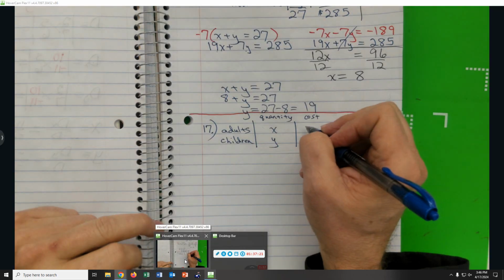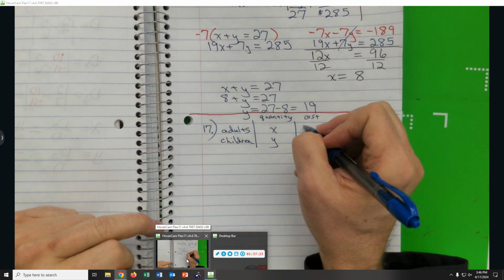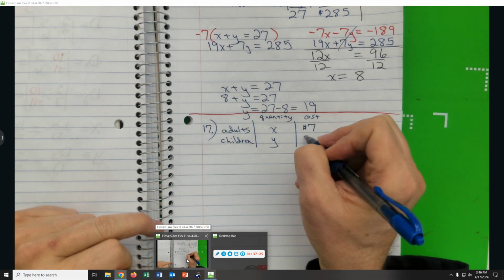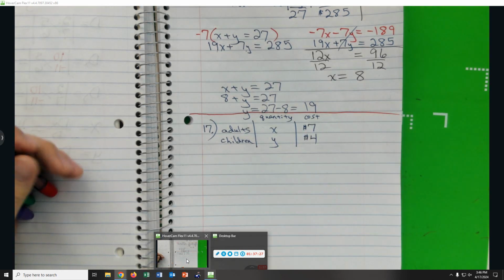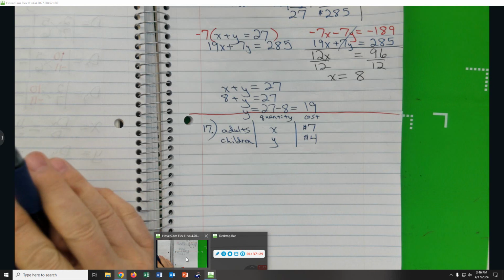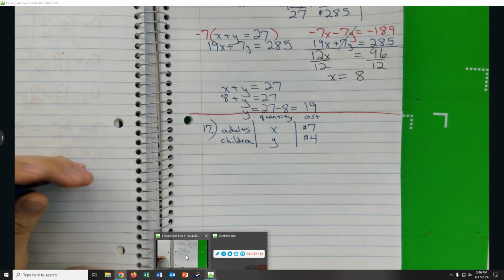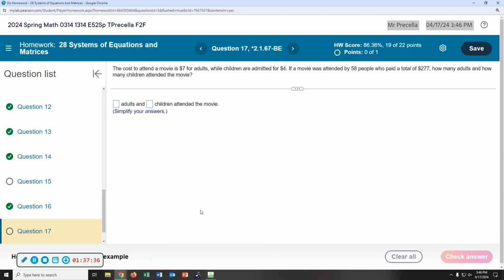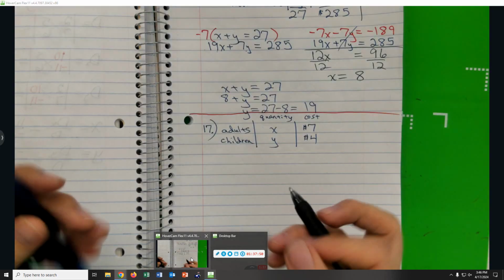So I'm going to say the cost is $7 for adults, $4 for children, and they better give us some totals because we need 2 equations. Hey, I see a total. 58 people attended.